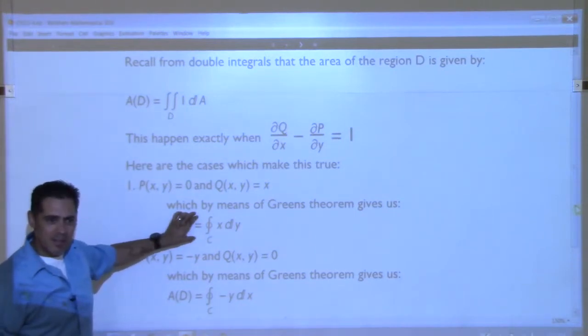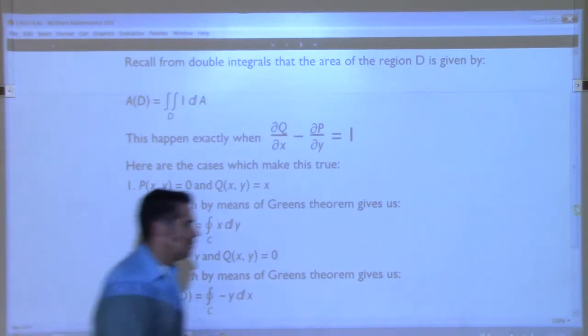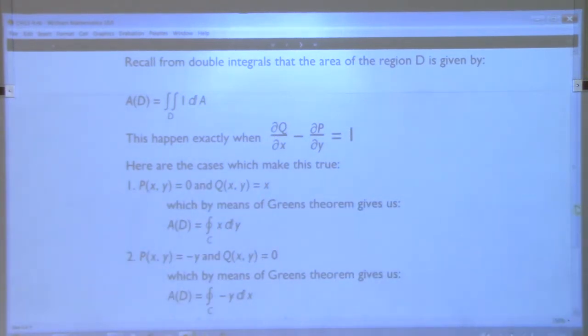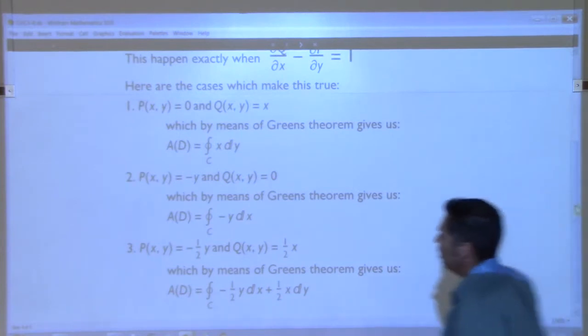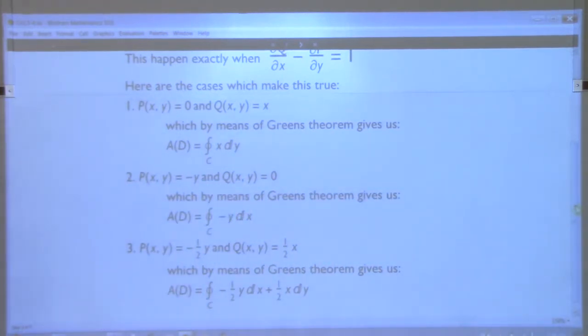That makes sense? Now, that's not the only way you could do it. You could also do it another way. You could let p be negative y and q be 0 this time. So if q is 0, this goes, and this would be 0.